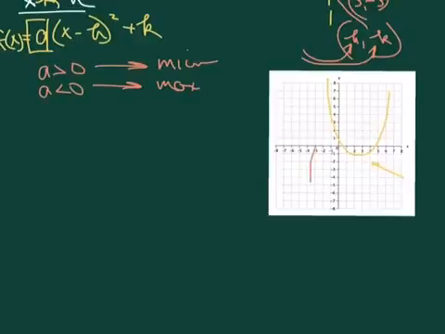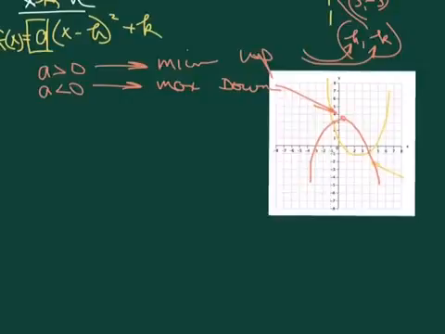If our a is less than 0, then our graph has a maximum, which means it opens down. So this means it opens down, this means it opens up, because the minimum value is the lowest part, which means it goes up on both sides. The maximum value is there, which means it goes down on both sides. And that is if a is a negative number. If a is a negative number, it opens down. If a is a positive number, it opens up.